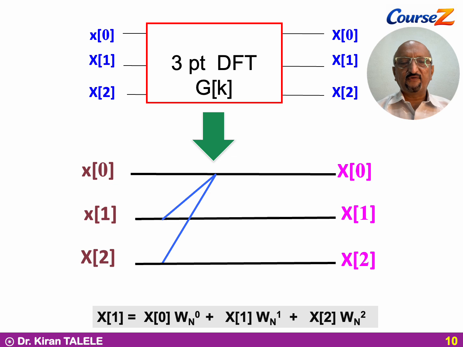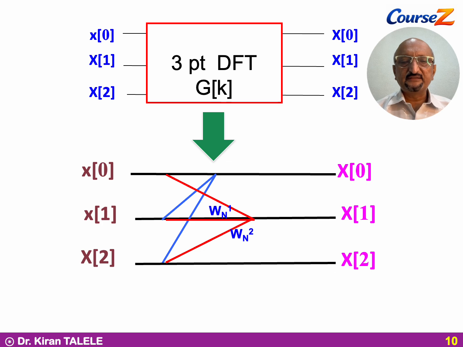To find this X of 1, x of 0 multiplied by W_N raised to 0, W_N raised to 0 is 1. x of 1 multiplied by W_N raised to 1 added here, x of 2 multiplied by W_N raised to 2, resultant value X of 1.